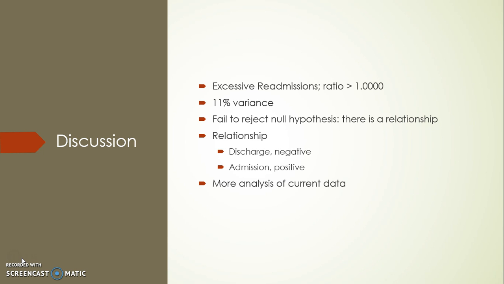With standardized coefficient beta values at negative 0.477 and 0.479 for discharge and readmission respectively, we can see that there is a negative relationship between the average number of discharge and excess readmission ratio, and a positive relationship between the average number of readmission and excess readmission ratio.